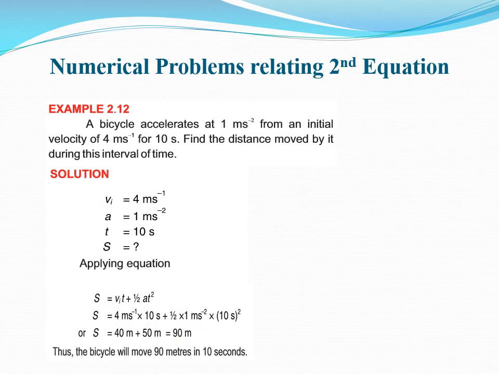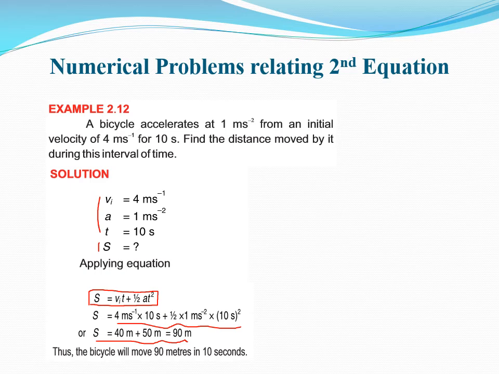So again, revising the application, we are given initial velocity, acceleration and time, and we are to predict the distance covered by the body. With the help of this second equation of motion and plugging in the values which are given, we have seen that the distance is 90 meters.